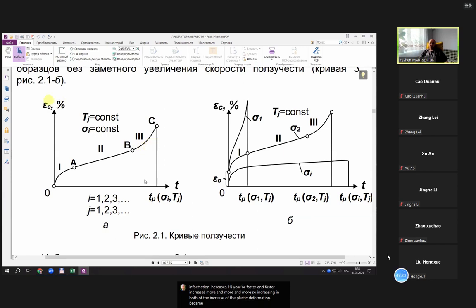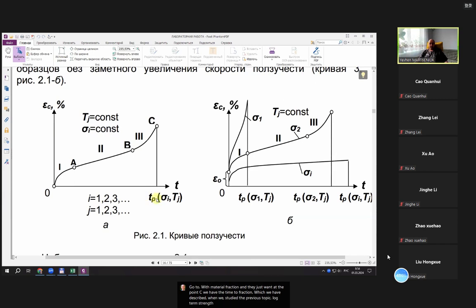The velocity of the creep increases, and it finally leads to the breaking of the material, to the failure of the material. Point C corresponds with material fracture, and this is why at point C we have the time to fracture, which we described when we studied the previous topic, long-term strength.